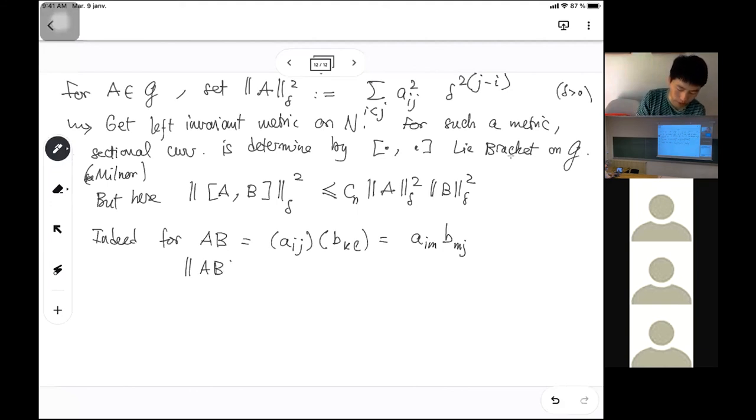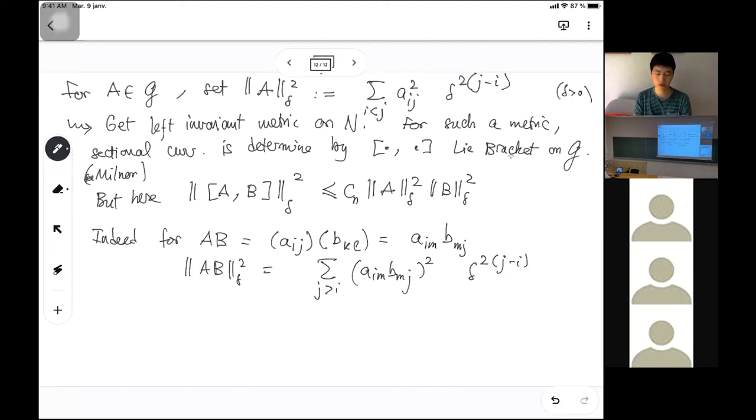If you compute the norm of that, it's going to have the form that I'm writing here, squared, with delta to the power 2 times something depending on i and j. But you see that because of the scaling here by delta to a certain power, it plays nicely with products.